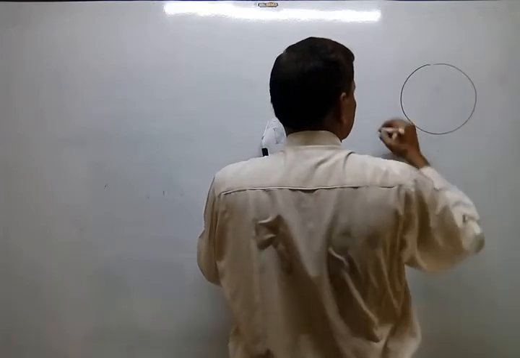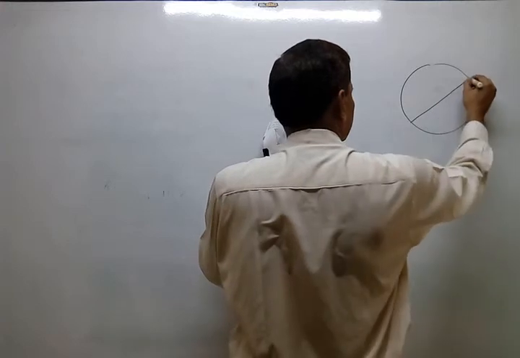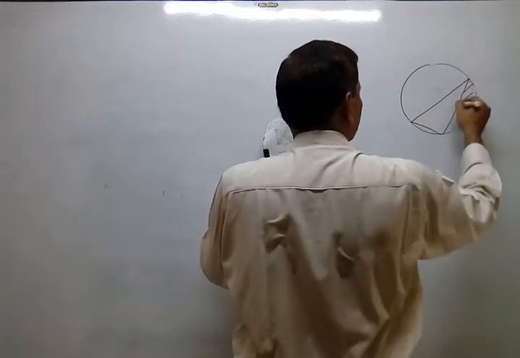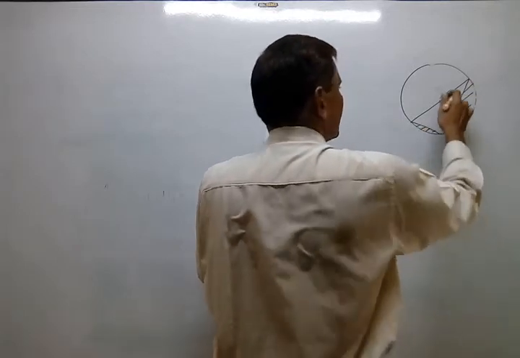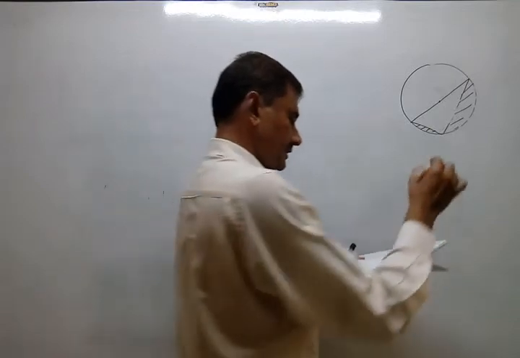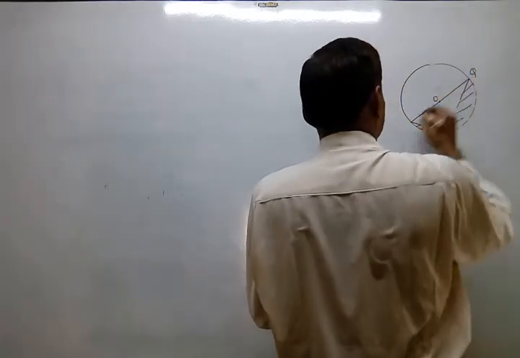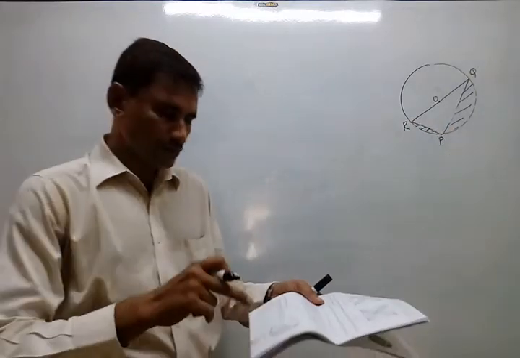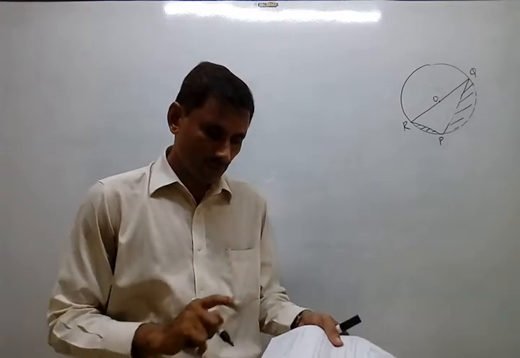That blue region is there, and that region's area we have to find. O is the center, QR is the diameter, and P is any point on the semicircle. Just look there. Find the area of the shaded region. Shaded region means this.